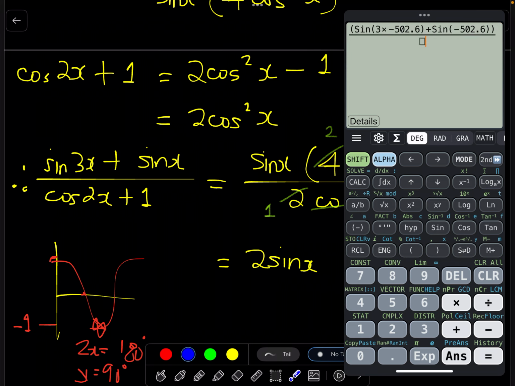Actually, I can't do it. Okay, so then we have cos times negative 502.6. Right, so that's what it is. Then we take the same x and put it on the right hand side: 2 sine negative 502.6, and we get the same number.